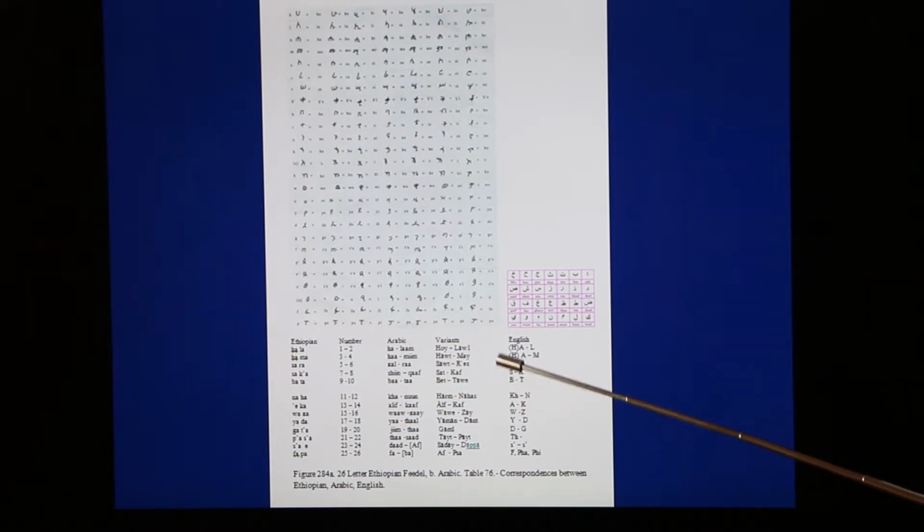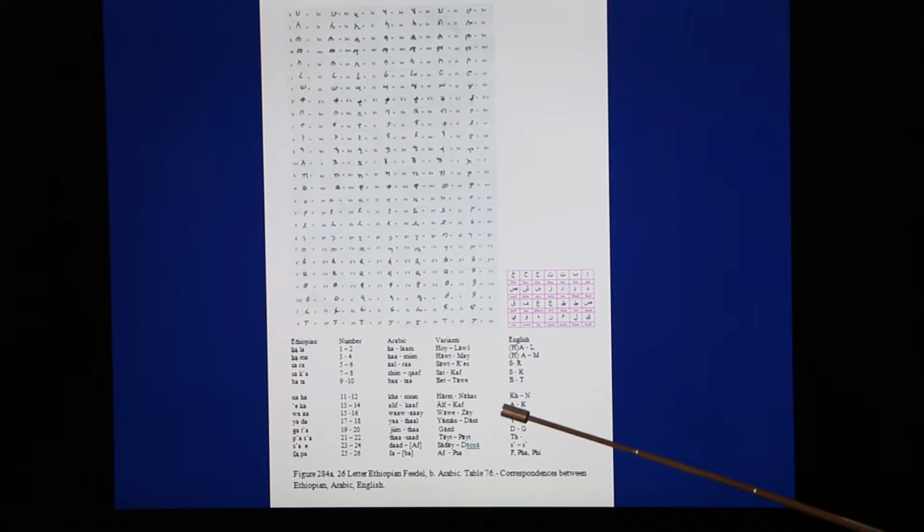Now we have names for the letters rather than just calling them letters, but the structure is the same, and now it's instead of A-L, A-M, it's H-A-L, H-A-M, and then the rest goes on.